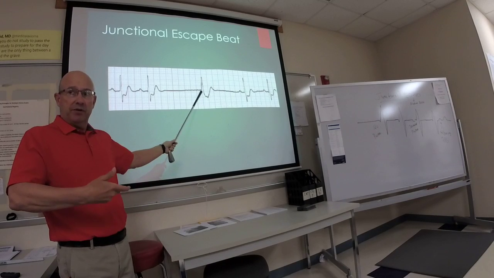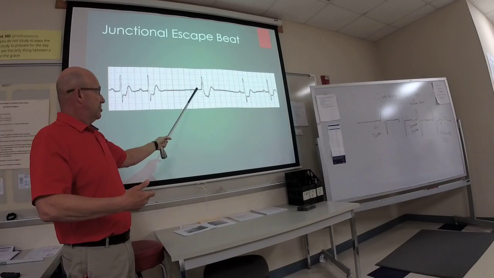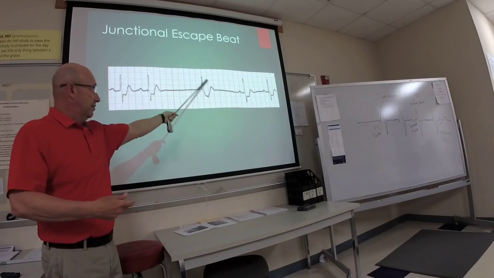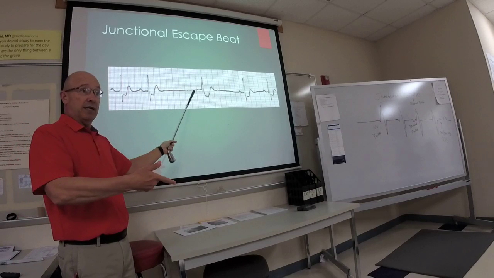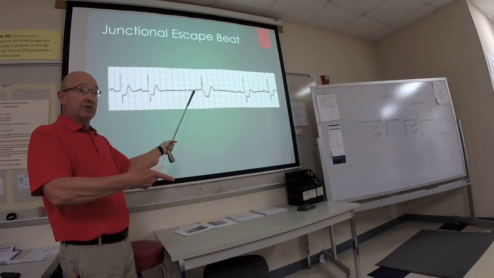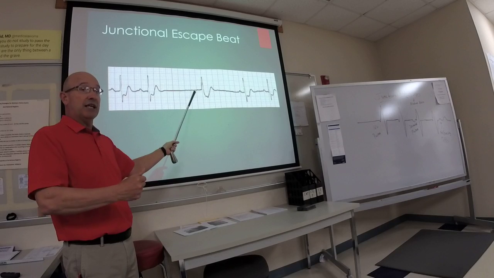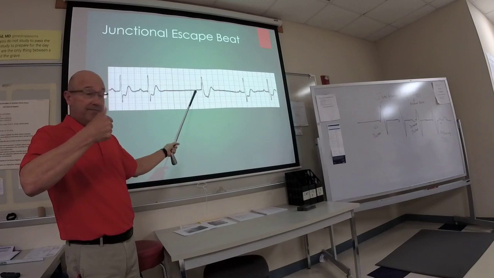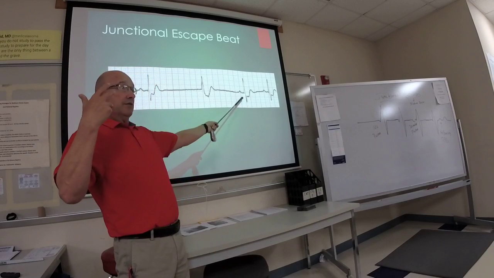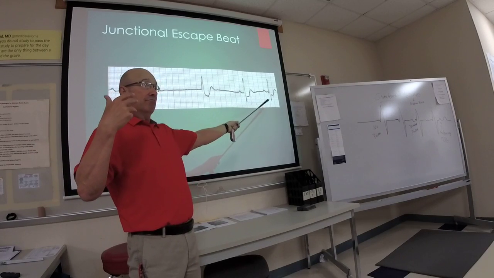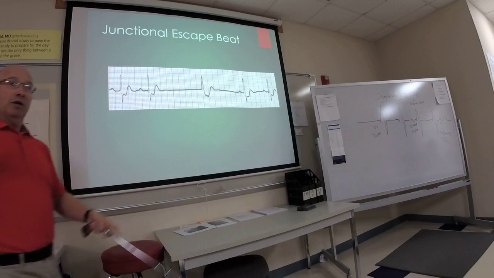That's why it has an intrinsic firing rate or depolarization rate, right? So this junction depolarized right here. It got tired of waiting for the SA node, so it depolarized to send a signal down to the ventricle so we could have some contraction. Good? Now the SA node started working again.